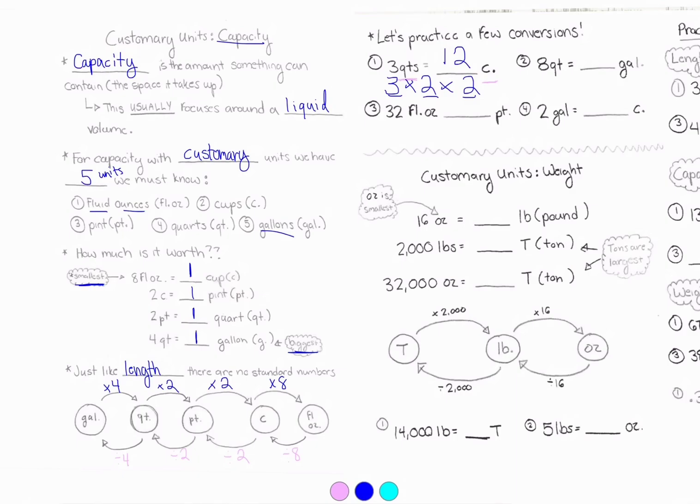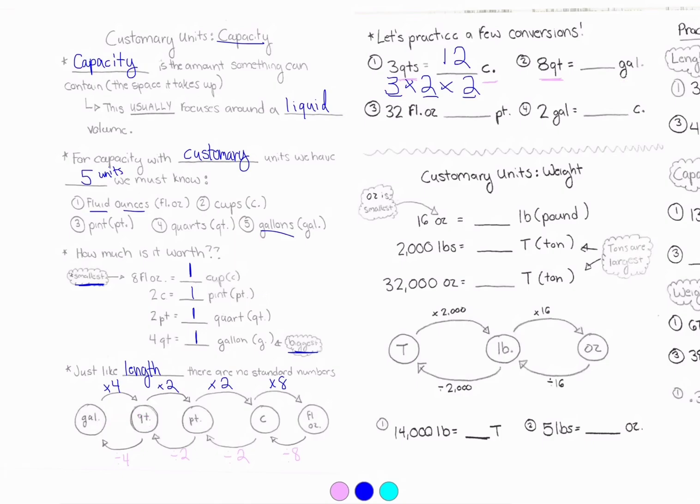So the next one, 8 quarts. Okay, I'm starting at quarts, and I'm going to gallons this way. So think in your head, am I going to follow the blue arrows or the pink arrows? I mean the pink numbers or the blue numbers.